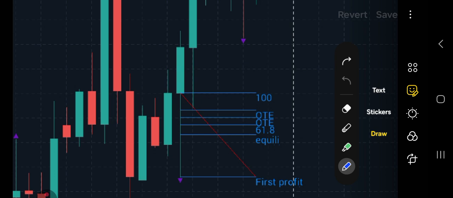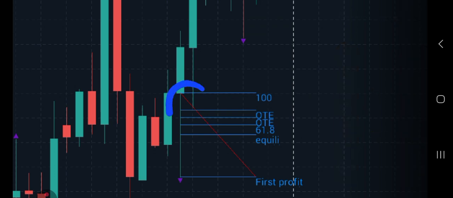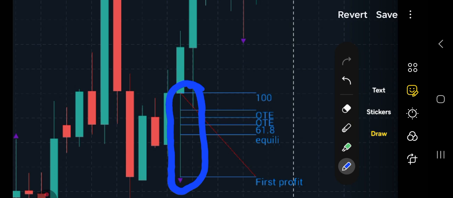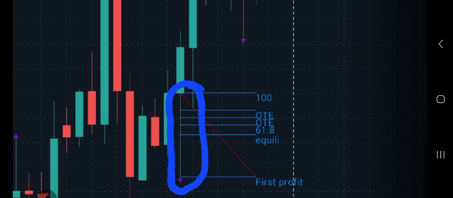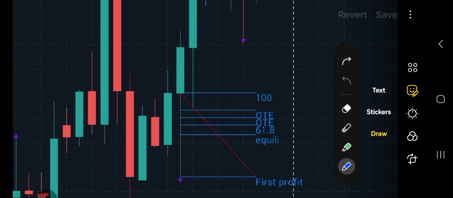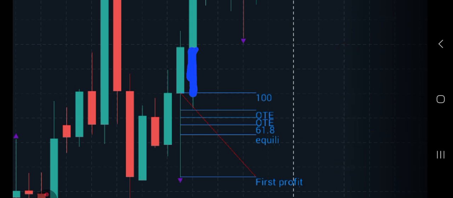Looking at this, you can see the wicks of this candlestick. Notice how this candlestick opened and came all the way into it and quickly bounced back up again.